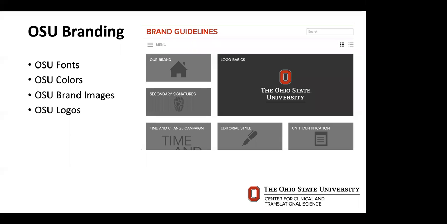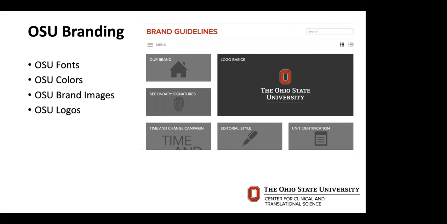And something to keep in mind too, when you're branding your study, when you're making a poster, when you're making a postcard, is that you want to take advantage of the cachet that Ohio State has and put Ohio State logos, for either the institution you're with, whether that's just Ohio State, or the Med Center, or if your lab has a logo.